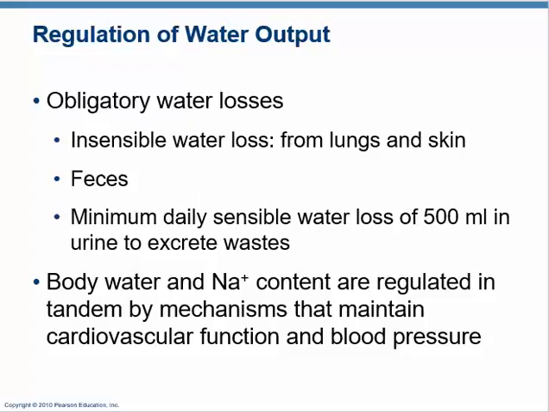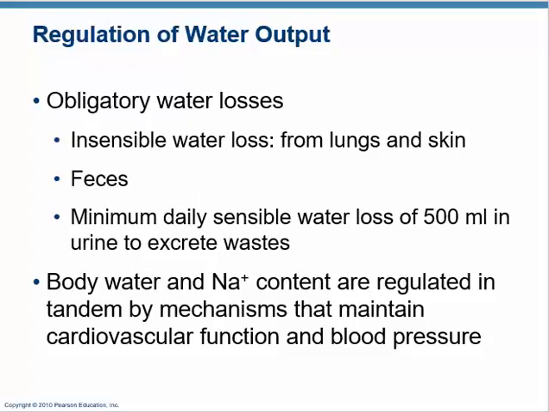We need to have water loss in feces, and we have to pee at least 500 mils to get rid of waste. The rest of it is variable.